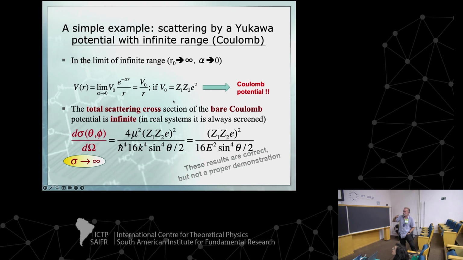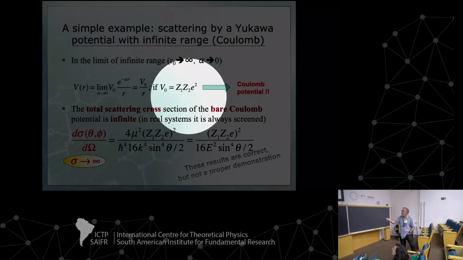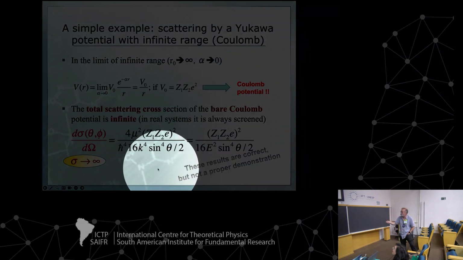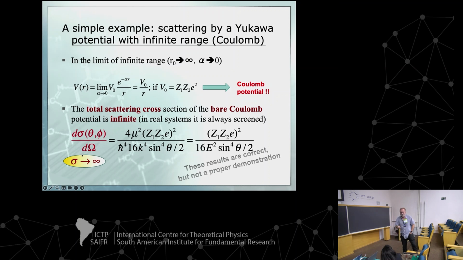If you do that with the expression before, you end up with this differential cross-section. It's not weak, and it's infinitely long-ranged. So it completely destroys all the assumptions of the Born approximation. But it works, so you can use that.